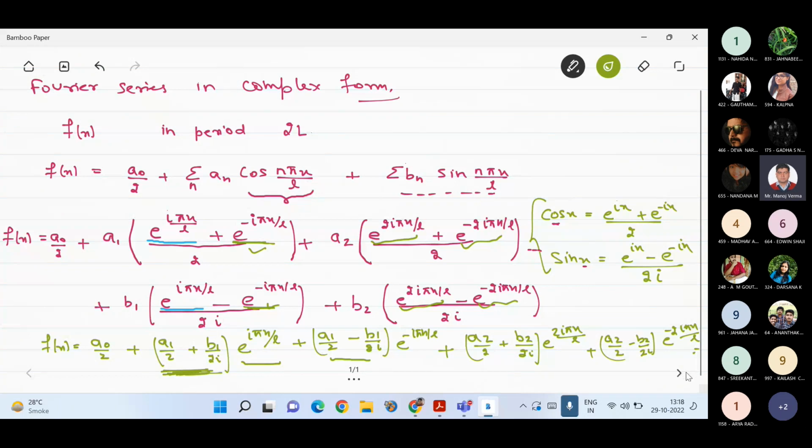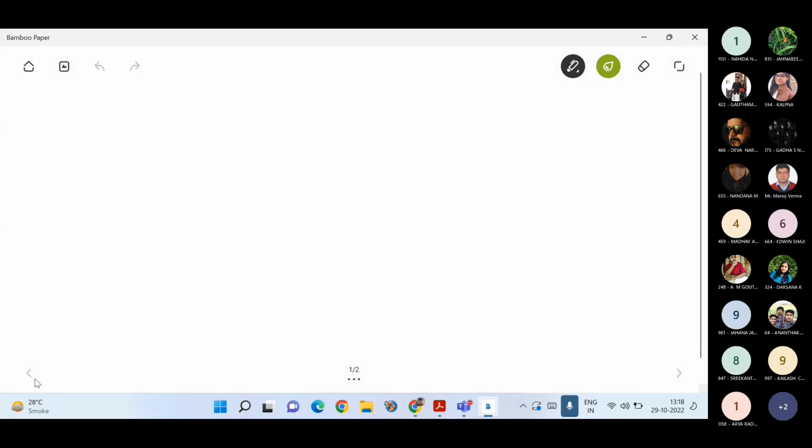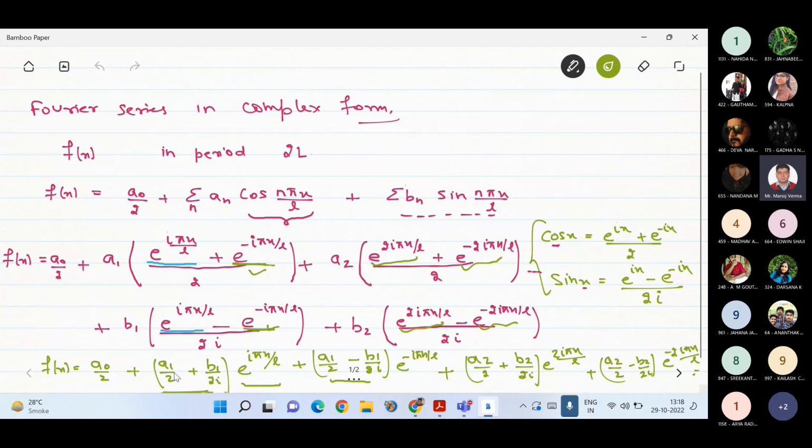So what I can do is further rearrange this, and it will look something like this: f(x) is equal to a naught by 2 plus c. What I am doing is taking this half as common, and it will become a1 plus b1 divided by iota.